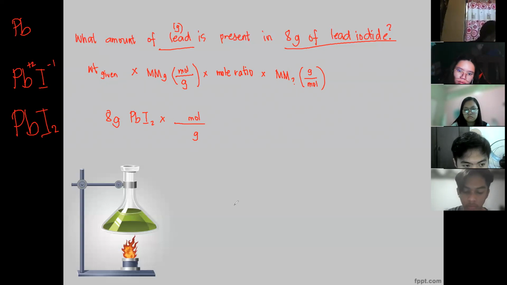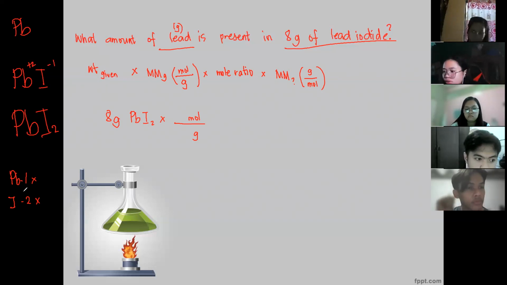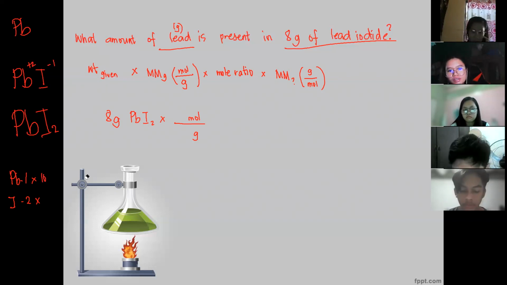Tapos, molecular or molar mass ni lead iodide, grams sa baba, mole sa taas. We need to compute for this kasi hindi pa siya given sa problem. So, this is Pb and then the iodine, isang lead, dalawang iodine. Ano yung atomic weight or atomic mass ni lead? 207. Okay, this is 207.